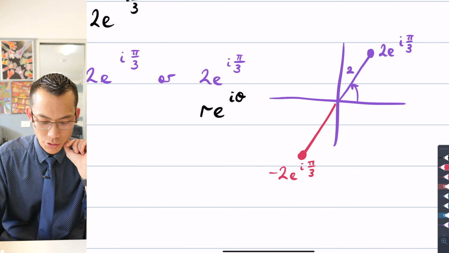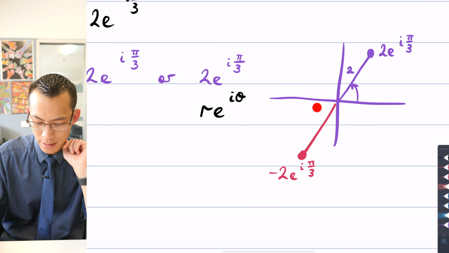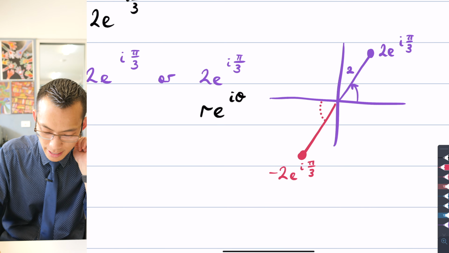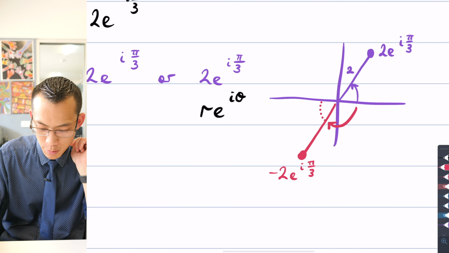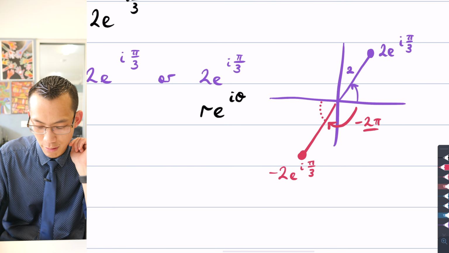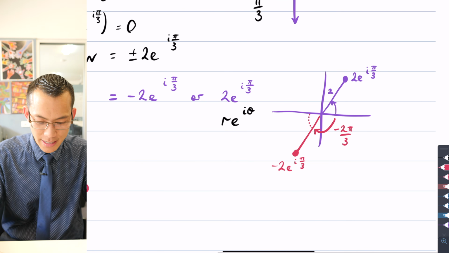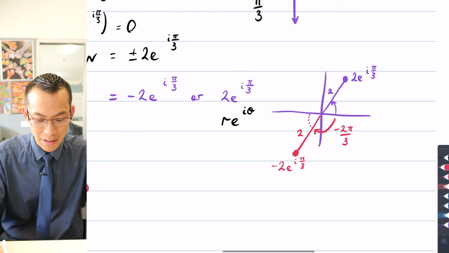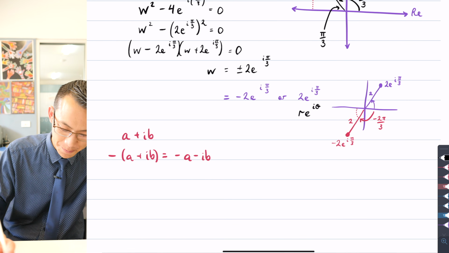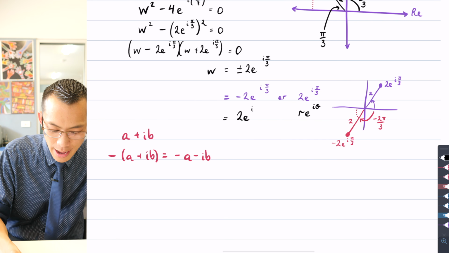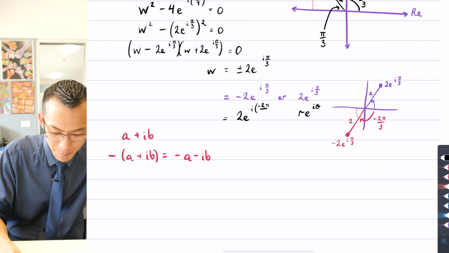But noting the symmetry here, if this is pi on 3 radians, that means this guy here is pi on 3 radians, which means that coming from the opposite direction, this must be negative 2 pi on 3 radians because they're supplementary angles. What that tells me is that the modulus is still 2, but the correct argument, the principal argument, in this case is actually 2e to the i negative 2 pi on 3, right?